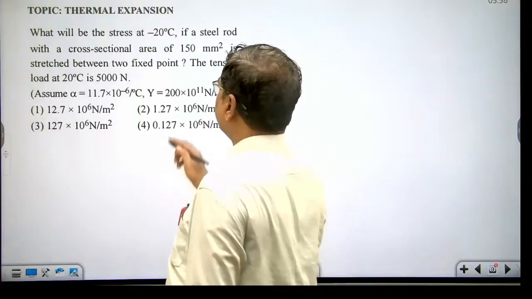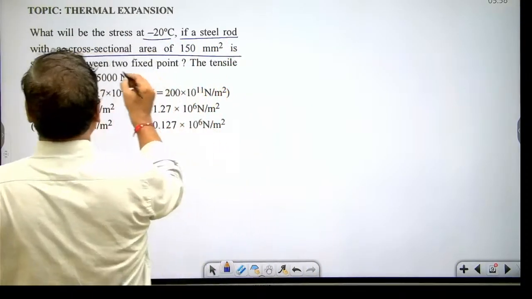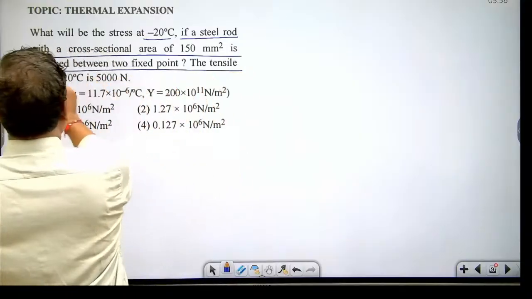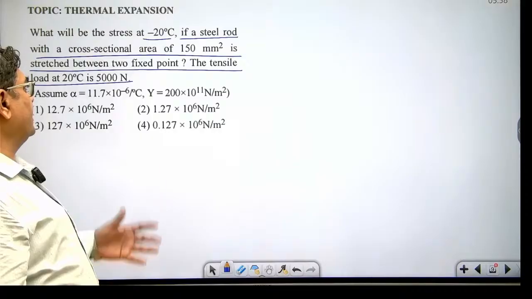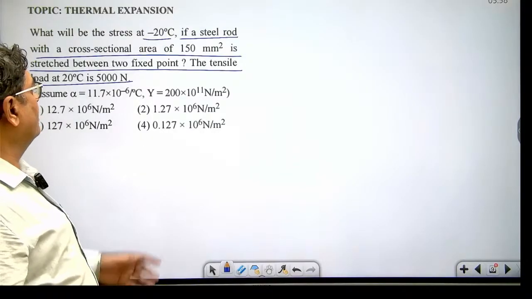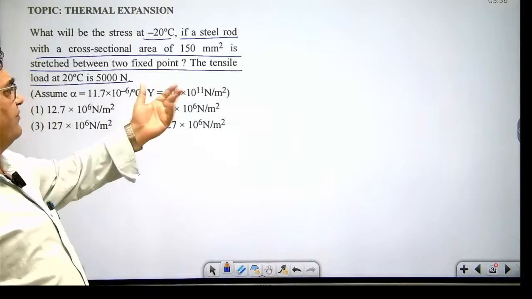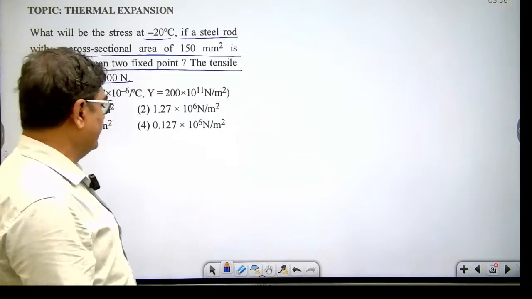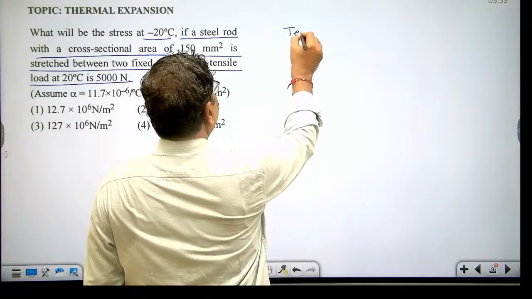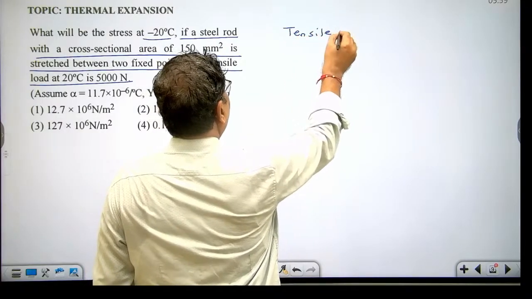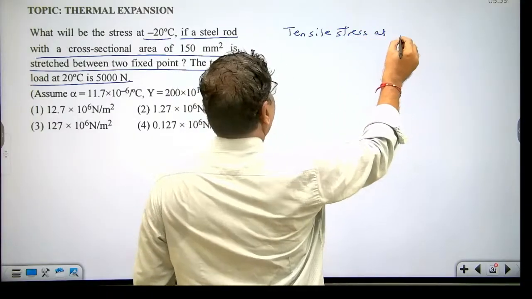What will be the stress at minus 20 degrees centigrade if a steel rod with a cross-section area of 150 millimeter square is stretched between two fixed points? The tensile load at 20 degrees centigrade is 5000 Newton. Dear student, due to change in temperature, thermal stresses come into picture. So we can determine tensile stress at 20 degrees centigrade. How? Force upon area. First calculate tensile stress at 20 degrees centigrade.